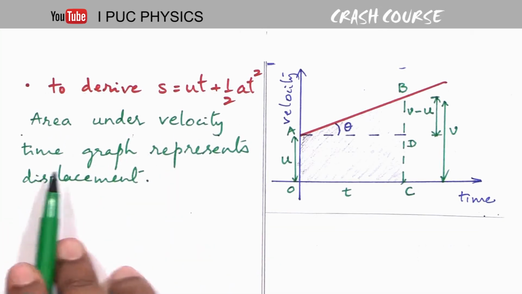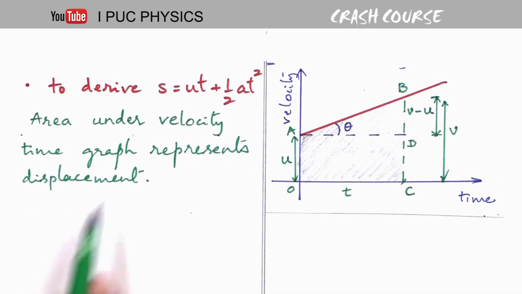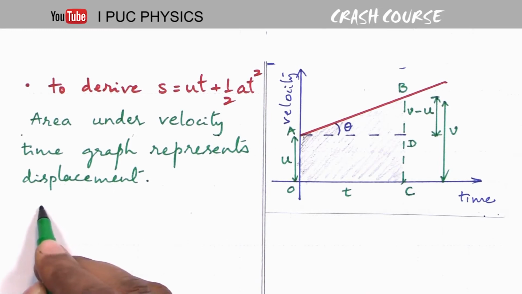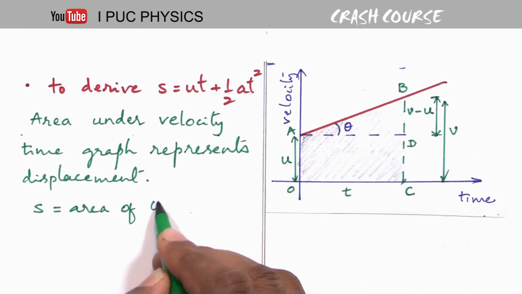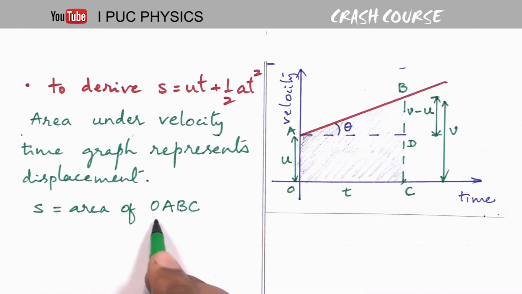Area under velocity time graph represents displacement. Therefore s equal to area of OABC.